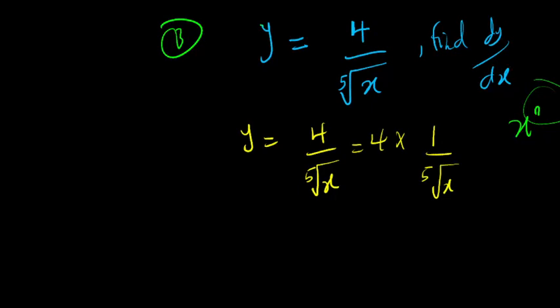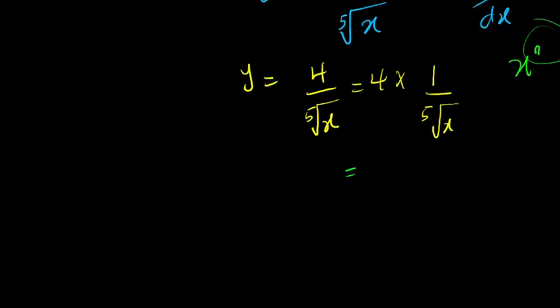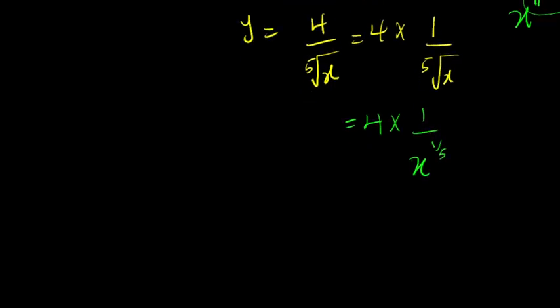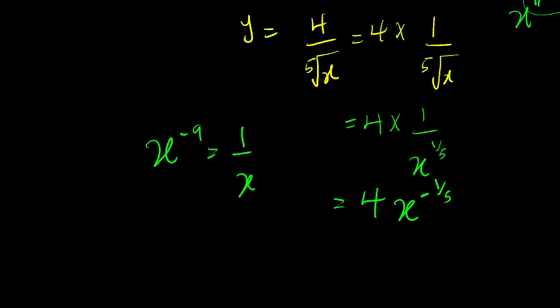That means we have to apply indices as well. And how are we going to apply indices? We are going to have 4 times 1 over x raised to power 1 over 5. So from indices, we have 4 x raised to power minus 1 over 5, because in indices, x raised to power minus a is 1 over x raised to power a.